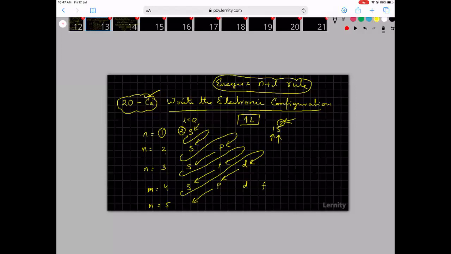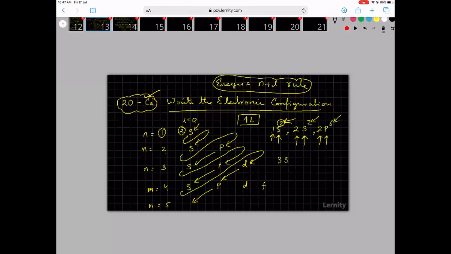So in the first shell, in the s subshell, there are 2 electrons. Then 2s2: in the second shell, in the s orbital, there are 2 electrons. Then 2p6: in the second shell, in the p orbital, there are 6 electrons.